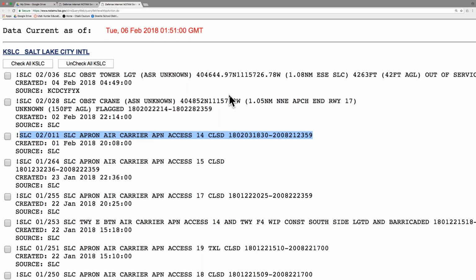But yeah, super important. So write down this: SLC 02/011, SLC APRON, air carrier APN access 14 closed, and then that timestamp.